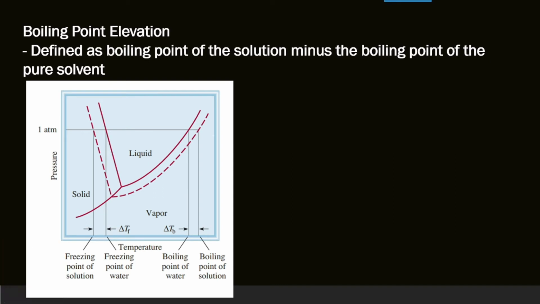So, we have here the phase diagram of water and the changes that occur in an aqueous solution. Here, the phase diagram illustrates the boiling point and boiling point elevation and the freezing point depression of an aqueous solution.